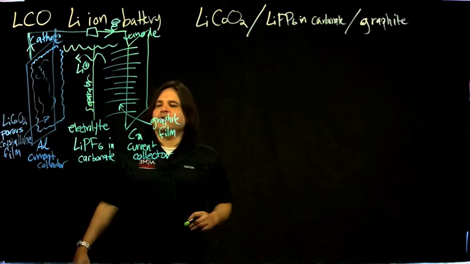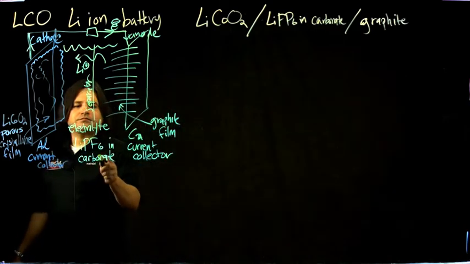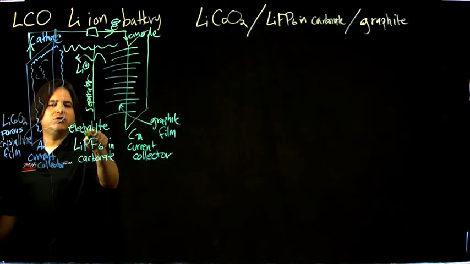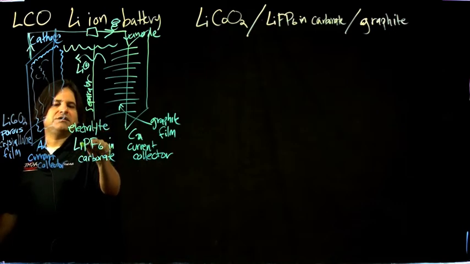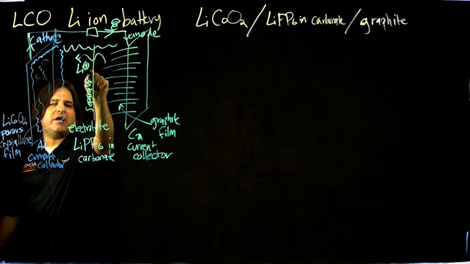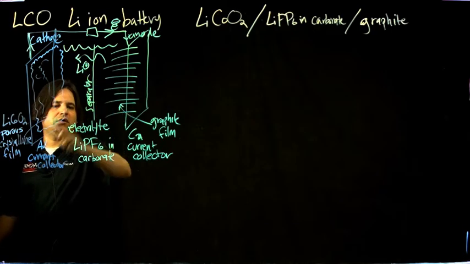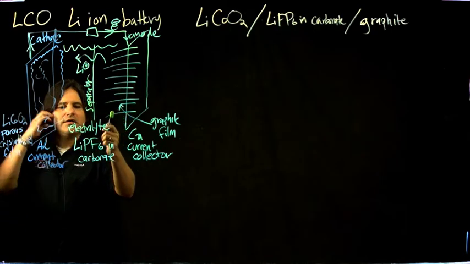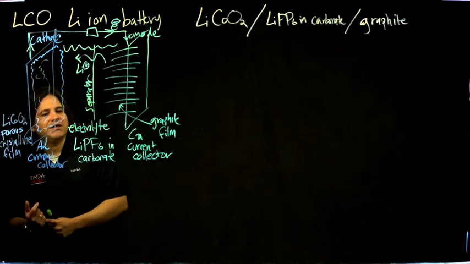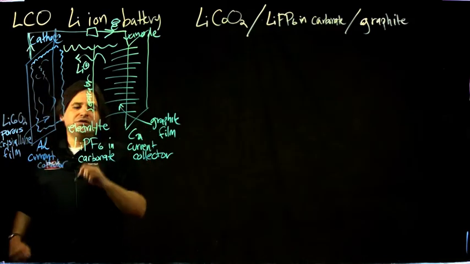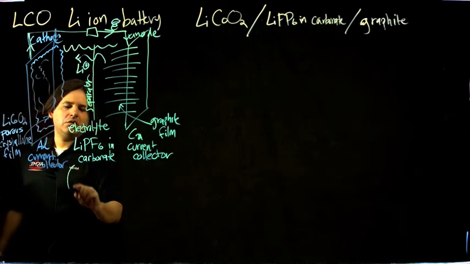So similar with the electrolyte, we use this particular electrolyte because it can dissolve this lithium and form these cations. That's good for this charge behavior that we want. And the carbonate doesn't have side reactions, which is good, and it has a voltage window.